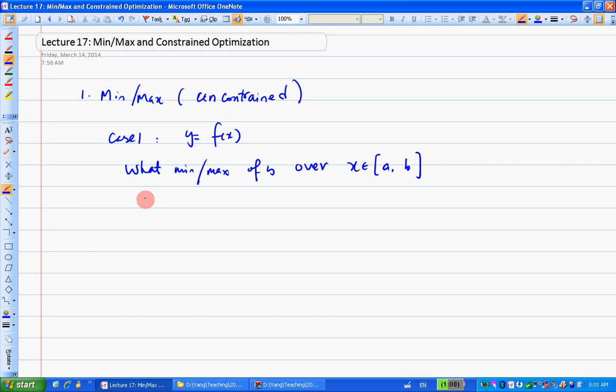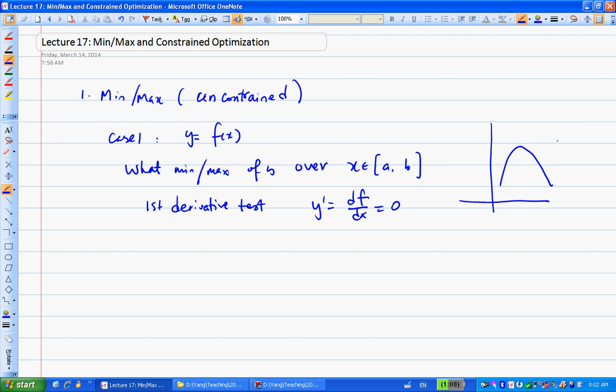And what you do, if you recall, is the first derivative test. So y prime or df over dx, and set it to 0, right? So basically the function maybe behaves like this, or maybe it's this. So you look at the slope. When the slope is 0, you reach the minimum or maximum, right?